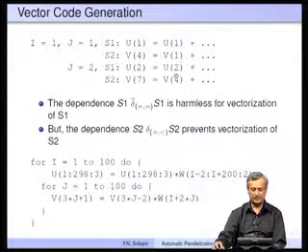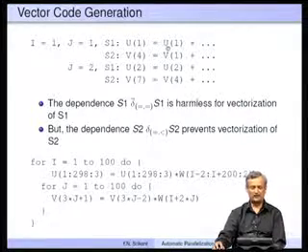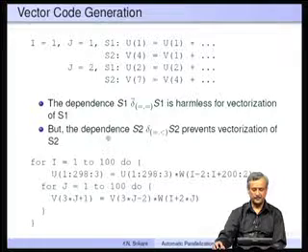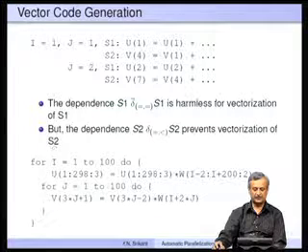This type of anti-dependence, U2 and then U2 here, is harmless for vectorization. It does not pose any problems, because all the vector registers are supposed to be read first and then written into. But the dependence S2 delta S2 prevents vectorization of S2.